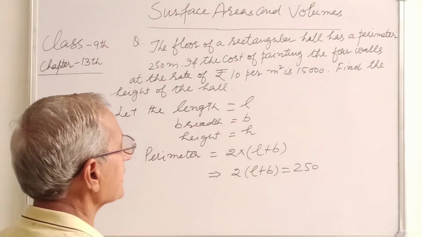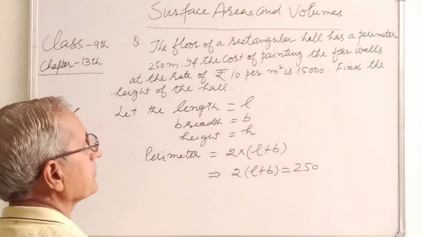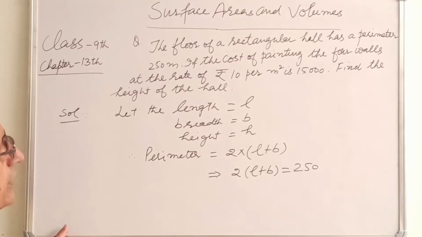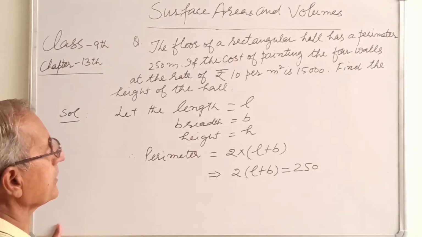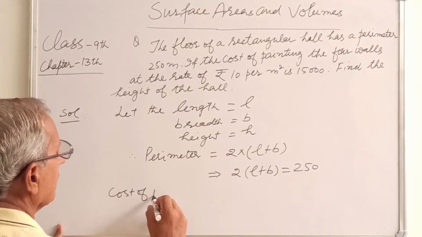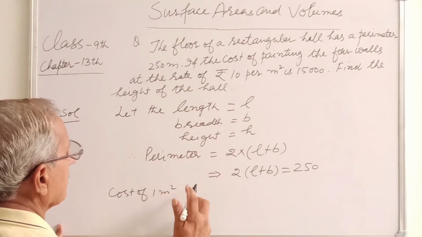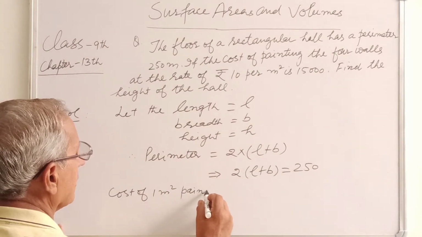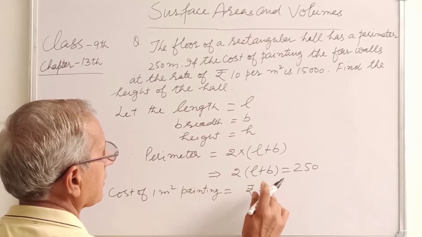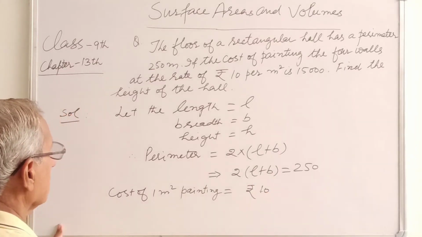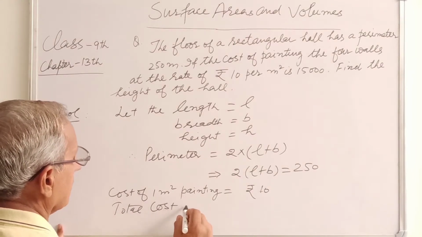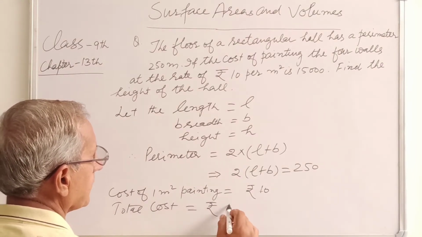Now you are given the total cost, rupees 15,000, and the rate for painting the four walls is rupees 10 per meter square. So the cost of painting 1 meter square is rupees 10, and the total cost is rupees 15,000.